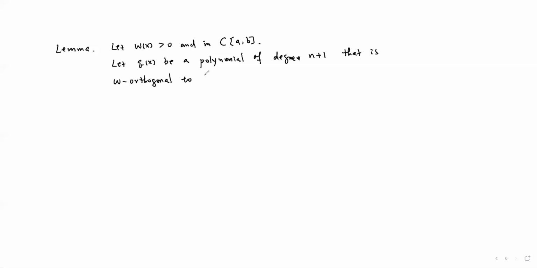Yeah, the notation is this: the set of all polynomials of degree not greater than n. Q is orthogonal to all the polynomials of degree not greater than n.